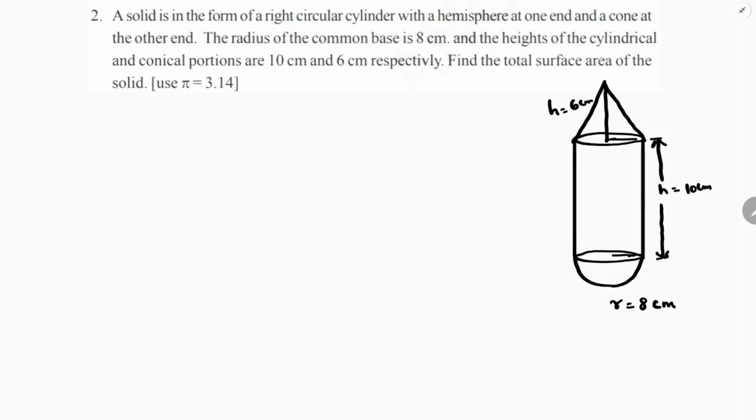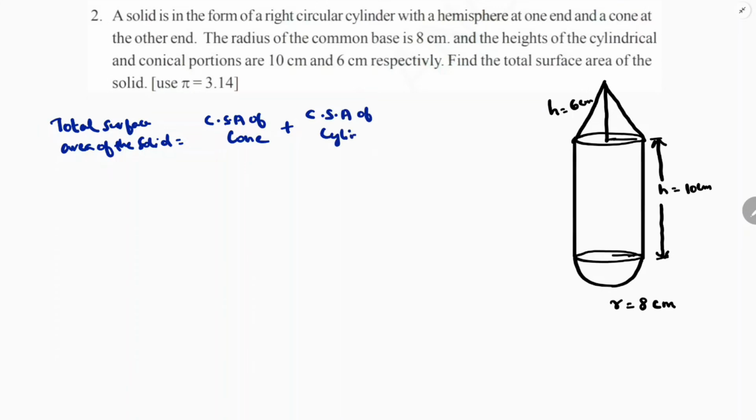Here again the same like the previous one. See, total surface area of the solid is curved surface area of cone plus curved surface area of cylinder plus curved surface area of hemisphere.